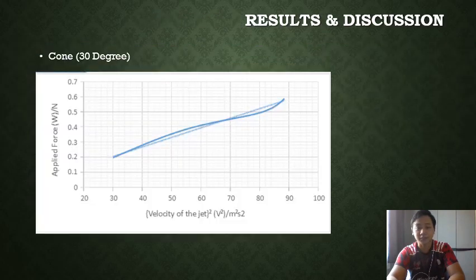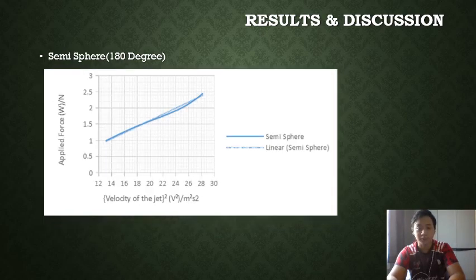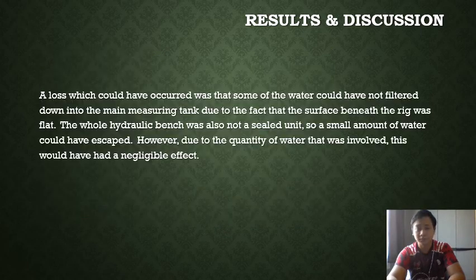This is the graph for the cone, which is the 30 degree angle deflector. This is the flat plate curve, which is 90 degrees, and you can see it from the graph. And lastly is the semi-sphere graph, which is the 180 degree deflector.